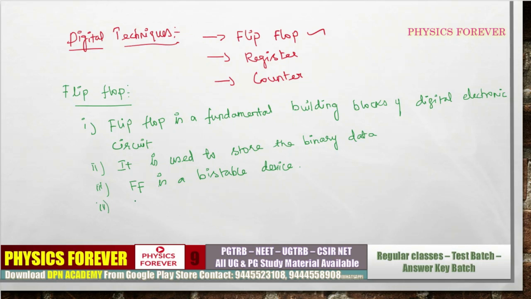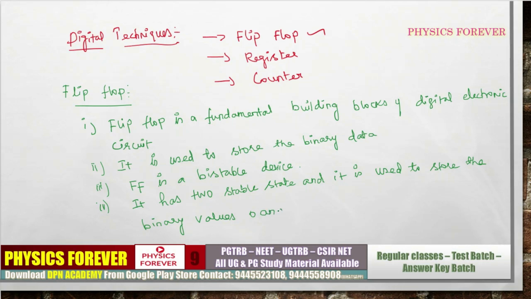Then fourth point, it has two stable states and it is used to store the binary values like 0 and 1.